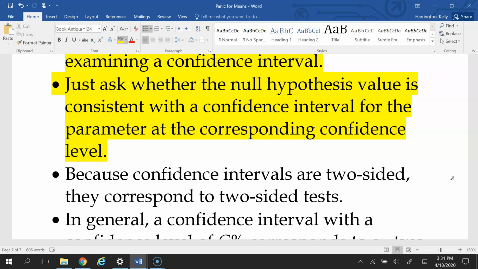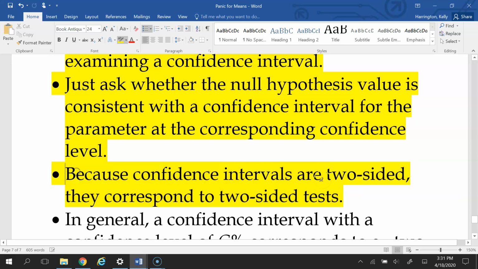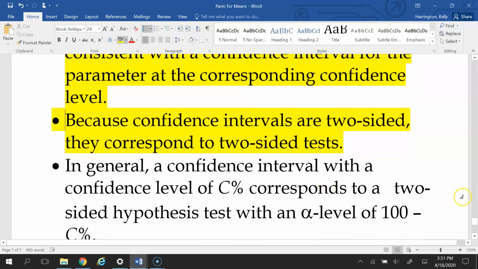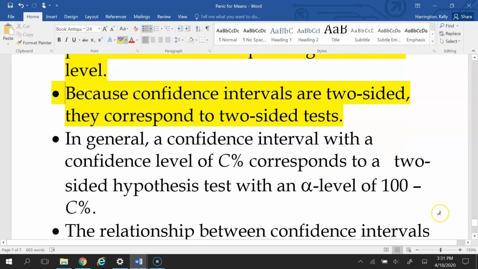Remember, two-sided tests are equal to, not equal to. In general, a confidence interval with a confidence level of C% corresponds to a two-sided hypothesis test, and you would just take 100 minus the percent, like I did. A 90% confidence interval goes with a significance level of 10%.